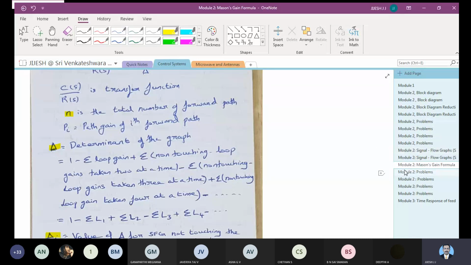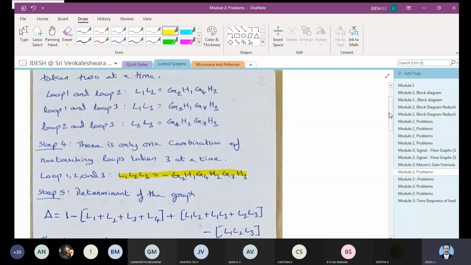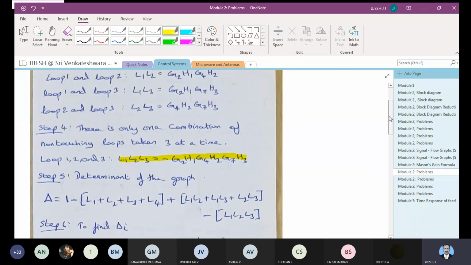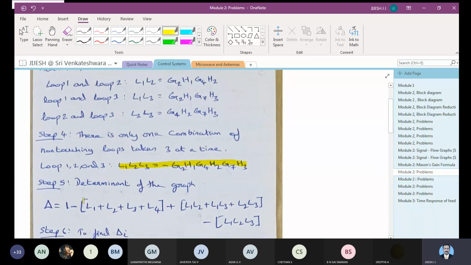So that's why we have written 1 minus loops. Here it is L1, L2, L3 and L4 in this problem, plus summation of non-touching loops taken 2 at a time: L1 and L2, L1 and L3, and L2 and L3.